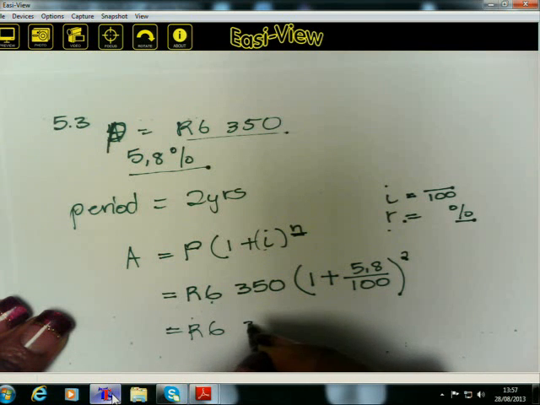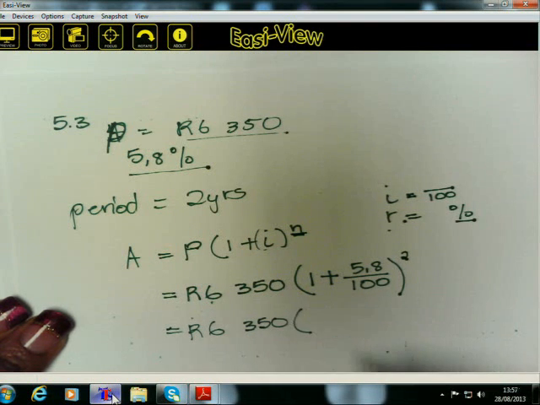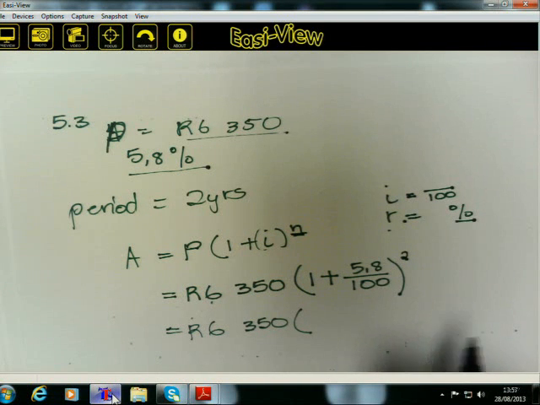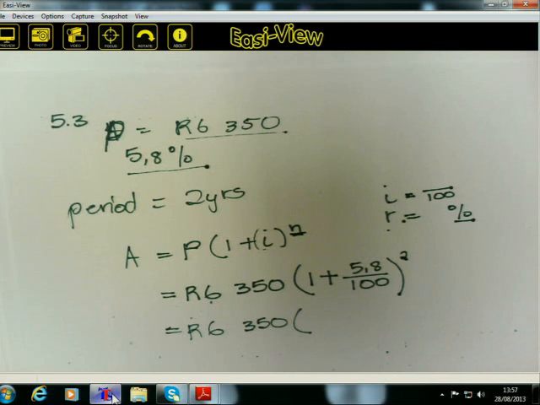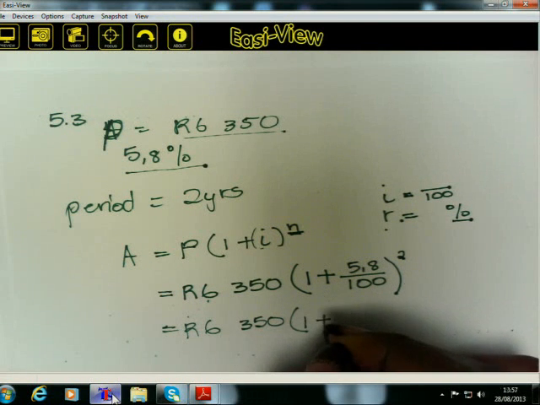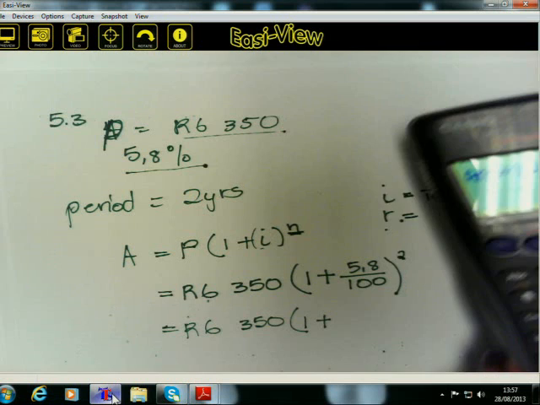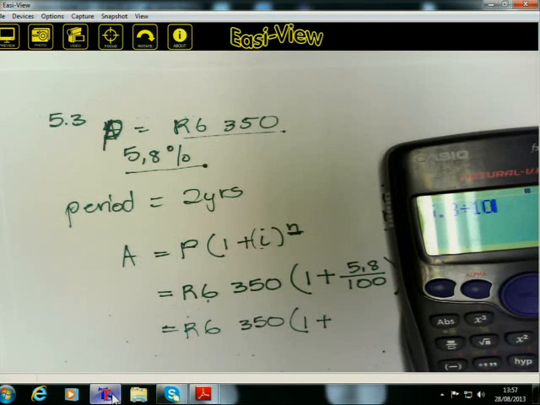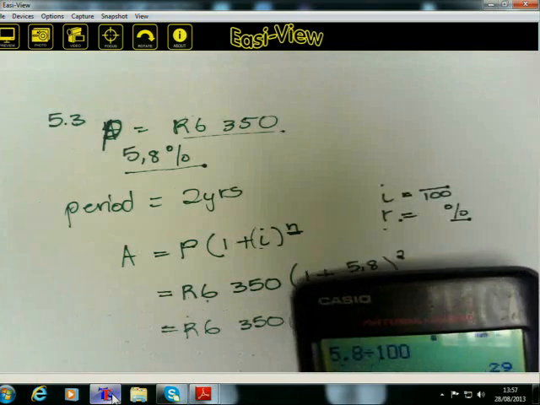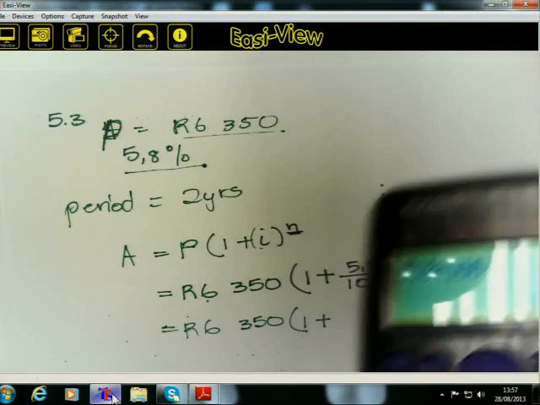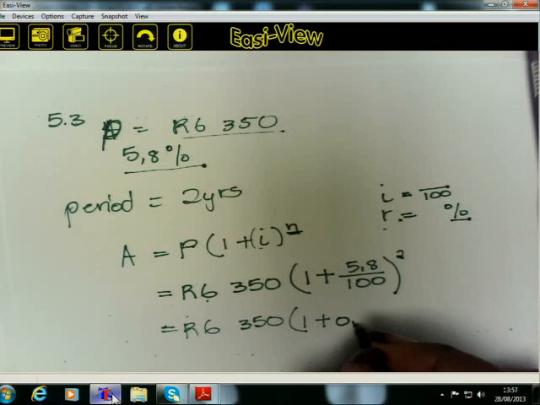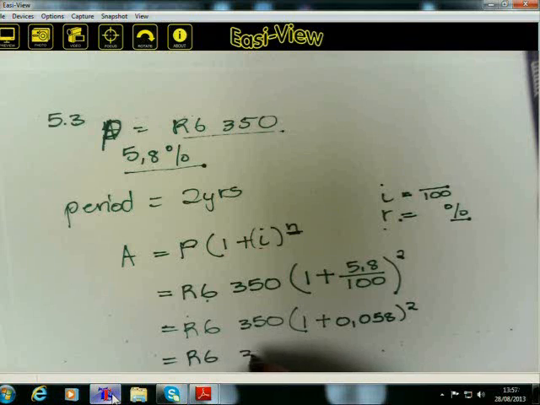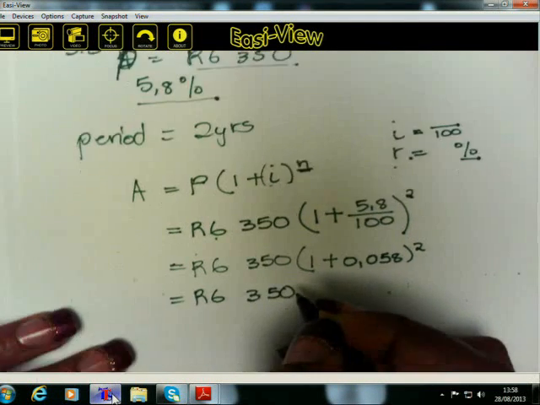We will bring down the 6,350 as it is so that we can first solve what is inside the bracket and then multiply with the exponent. We can still bring down the 1 plus so that we can first solve that 5.8 divided by 100, and it will give us 0.058. So we substitute there the 0.058, to the power 2, times 6,350.